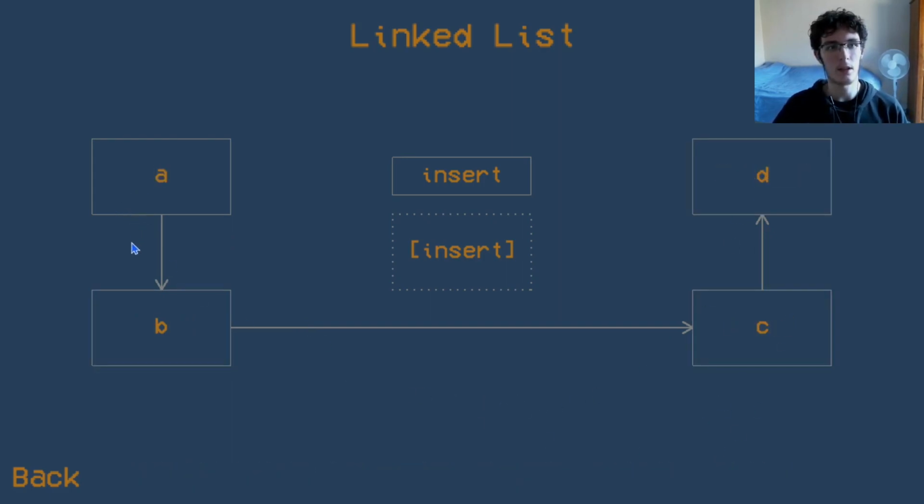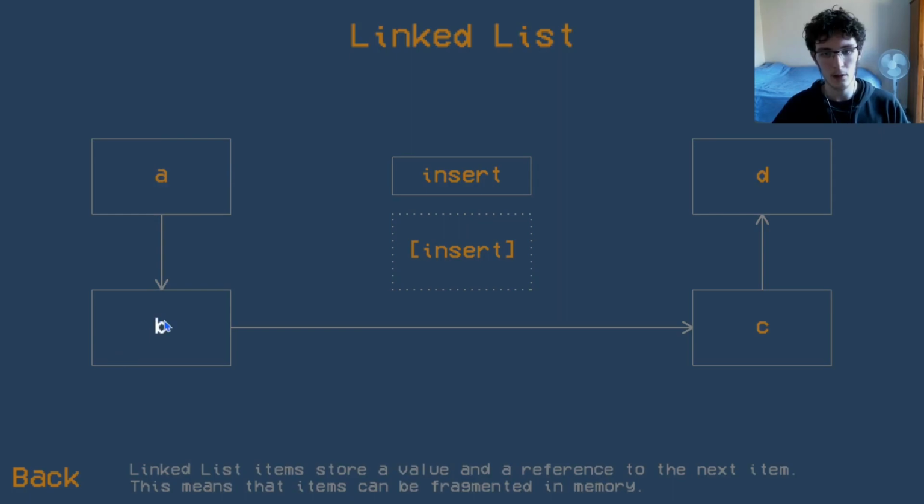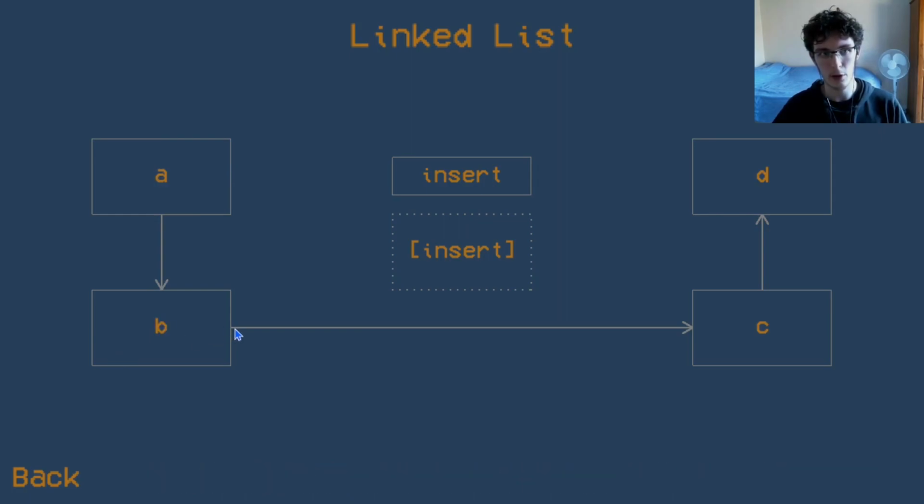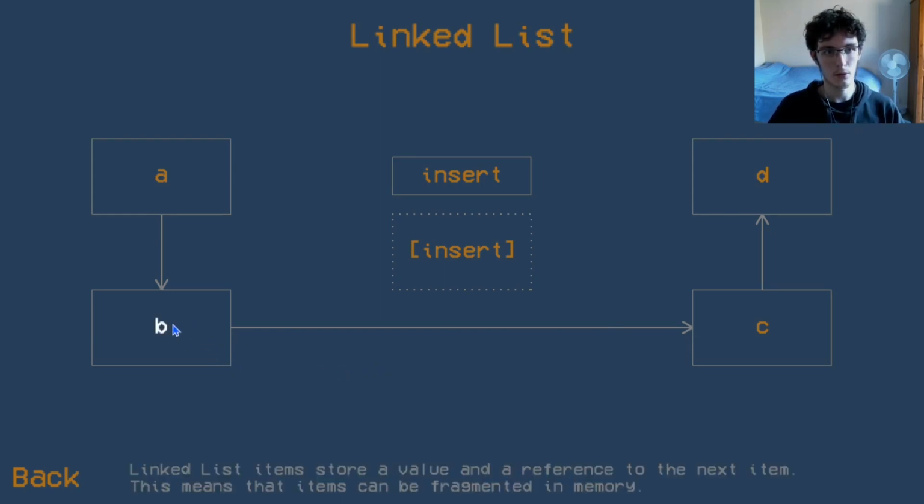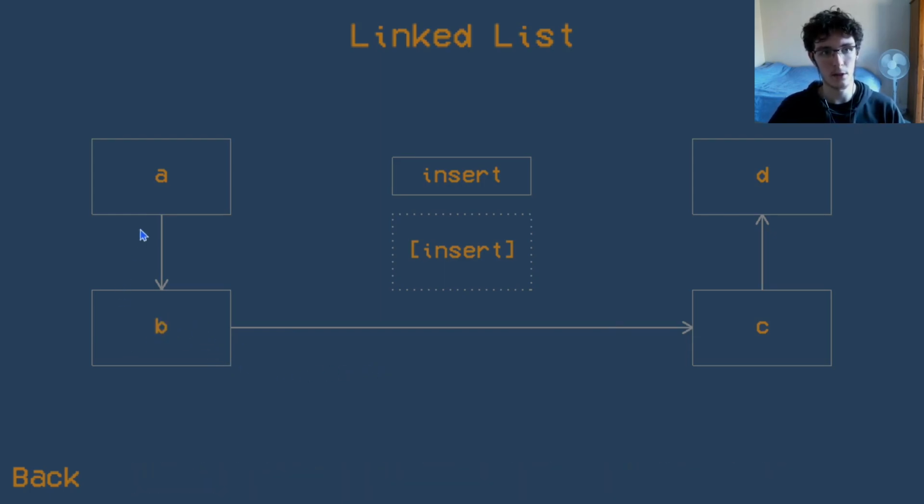There's also such thing as a doubly linked list, which you might come across. And a doubly linked list simply means that every node, as well as storing the memory address to the next node, also stores a memory address to the previous node.